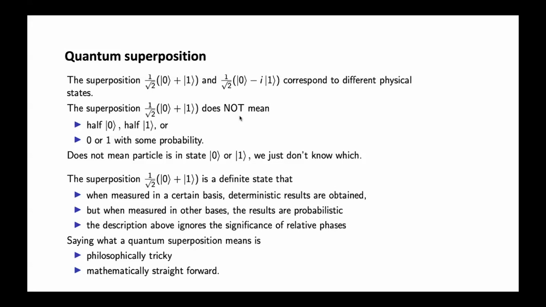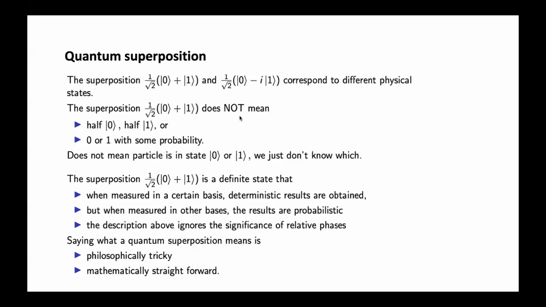This concept of superposition can be very tricky and confusing. This superposition is a definite state. If you consider the example that we did the last time of polarization, if you have a photon that has an angle of 45 degrees, and you consider a Polaroid of 45 degrees, then you're going to see that the photon will pass through the Polaroid.